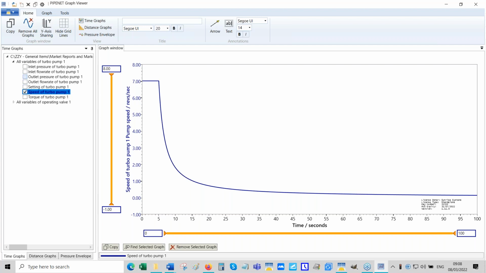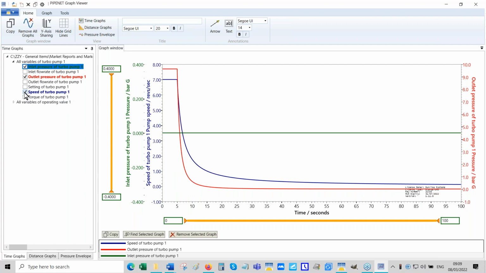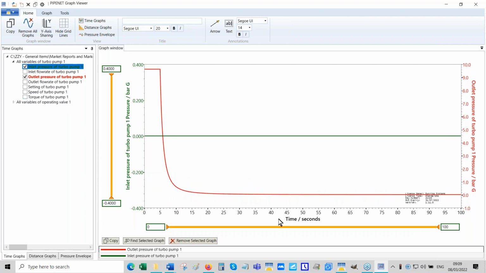We look at the outlet pressure. Let's remove that. See, we need to use the same scale for them. So this is the y-axis. This is something that you might find useful.